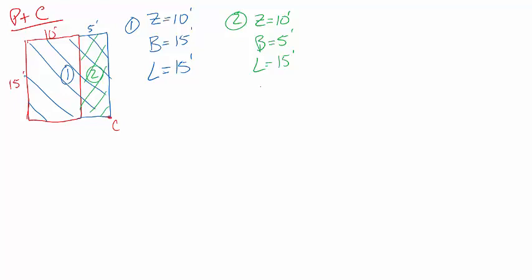And so now we want to determine M. Remember, M is B over Z, which in this case is going to be 5 over 10, or 1/2. N is L over B, which is 15 feet over 10 feet, which is 1.5.